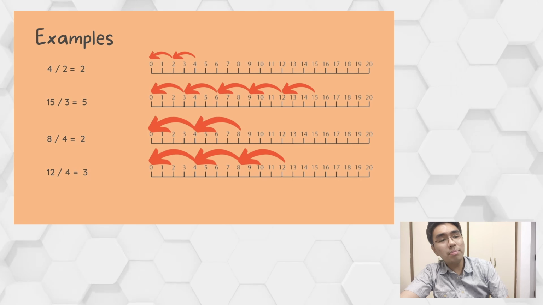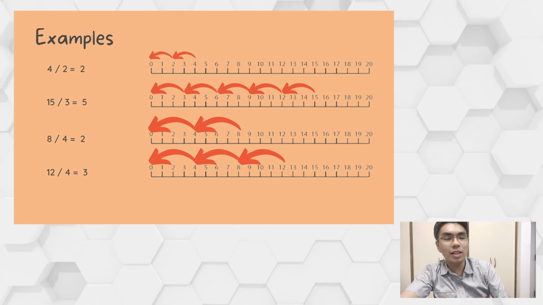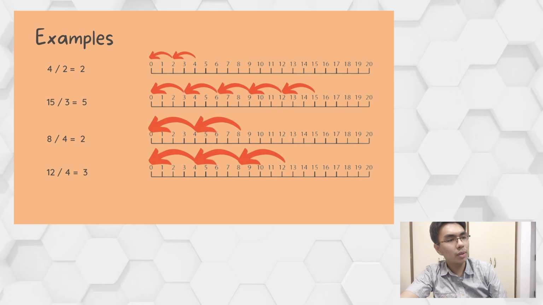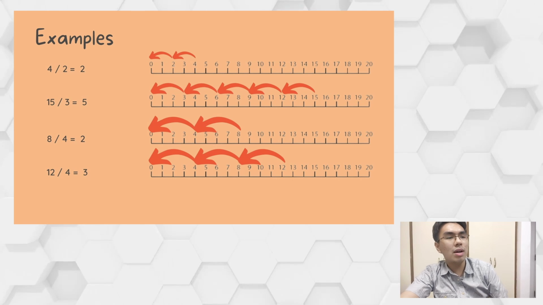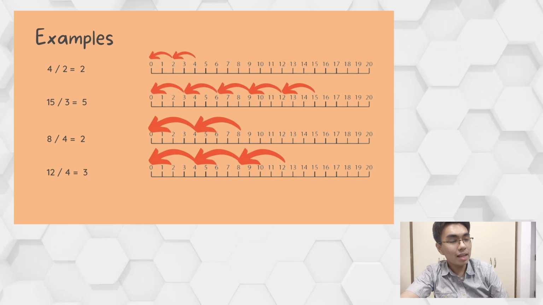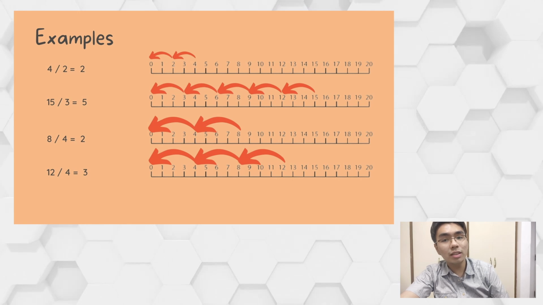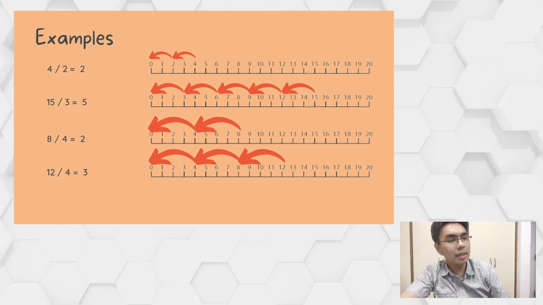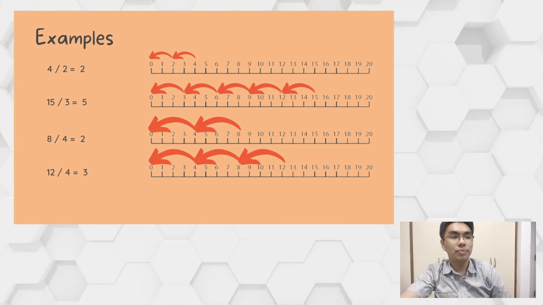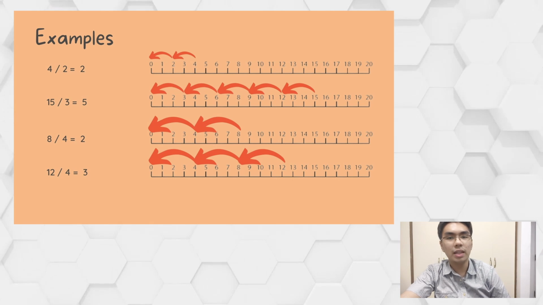For the last example, 12 slash 4 equals 3. Starting from 12, we count or skip 4 until we reach 0. So, 8, 4, then 0. During the entire process, we have 3 arrows. So, the final answer is 3.